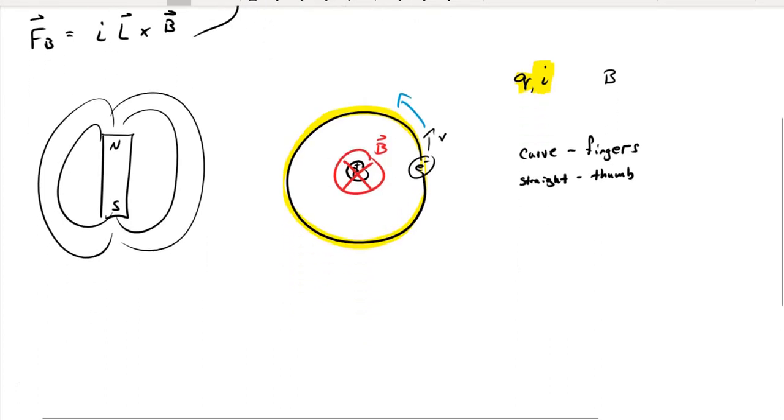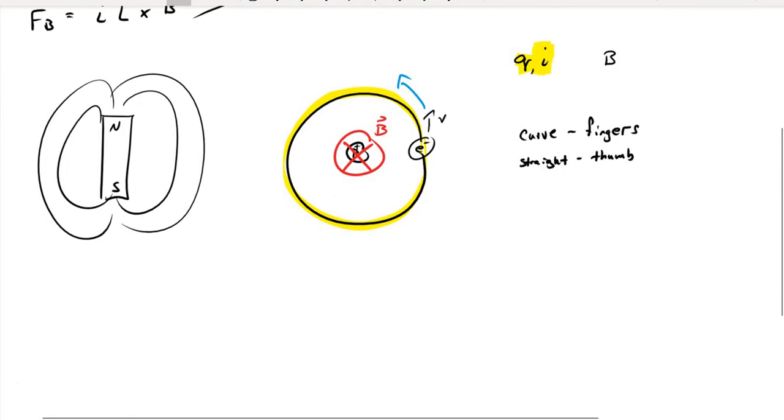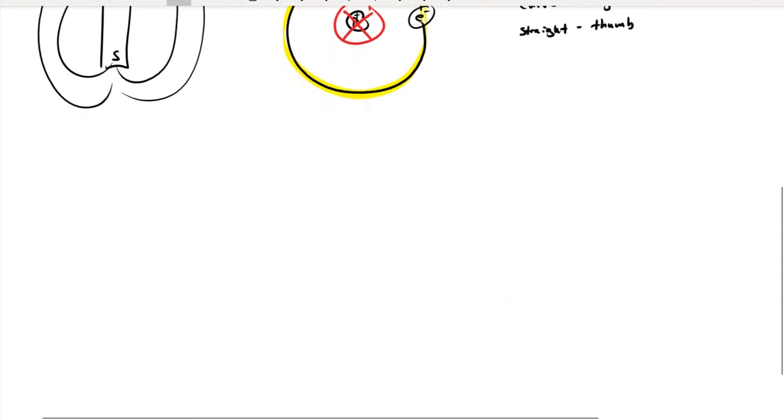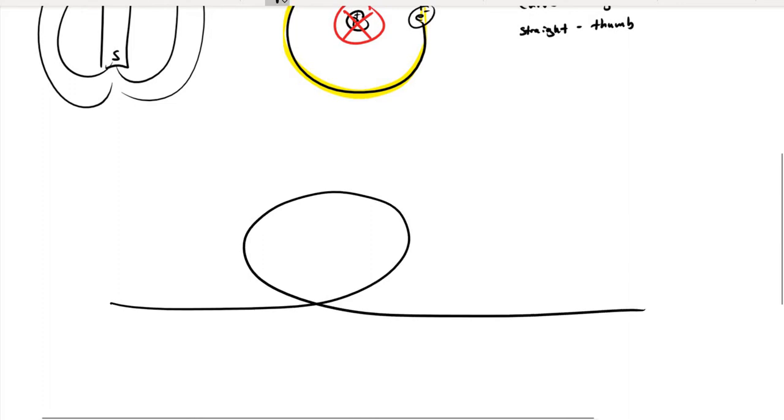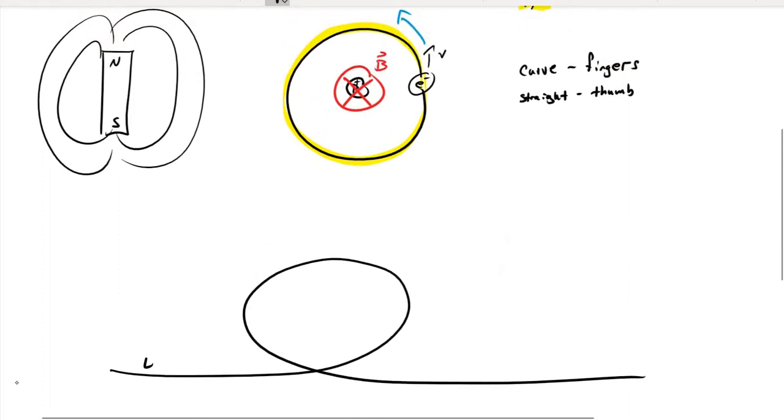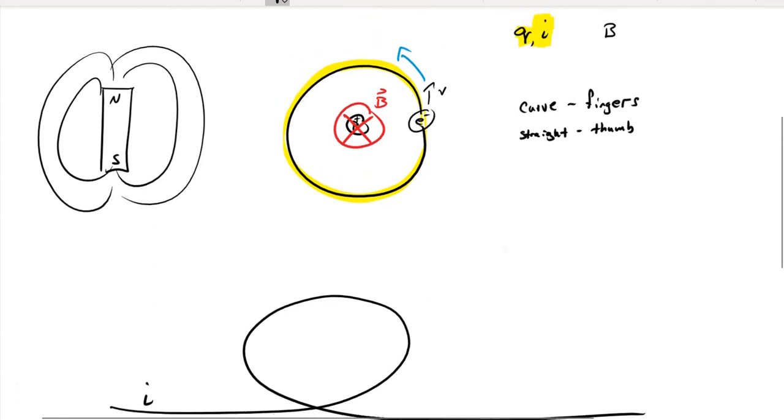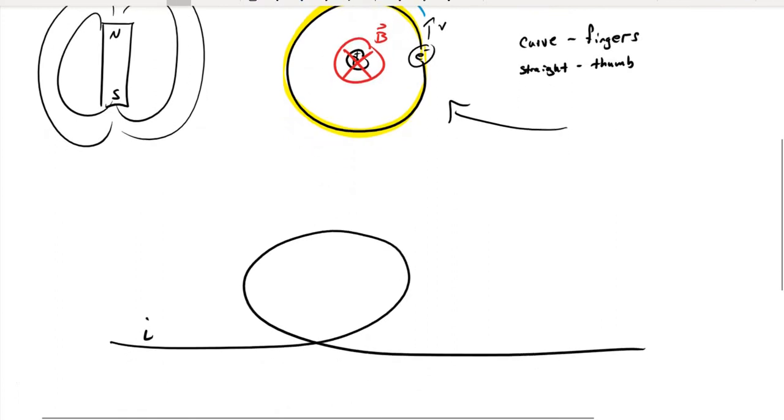Well, this is something that we can measure experimentally. We can play around with having, say, a wire that loops around in a circle, and in doing so, we would basically duplicate the picture that we have up here with positively charged particles moving in a circular path.